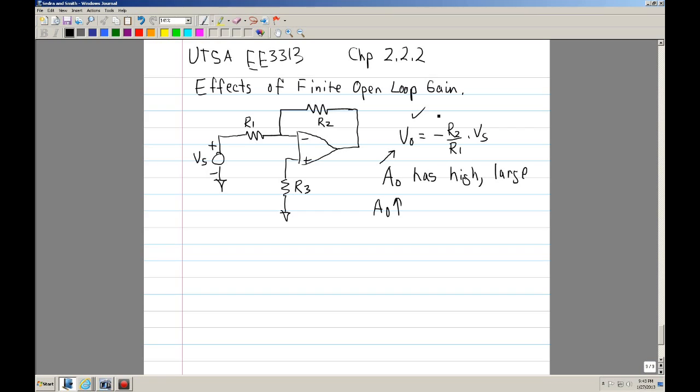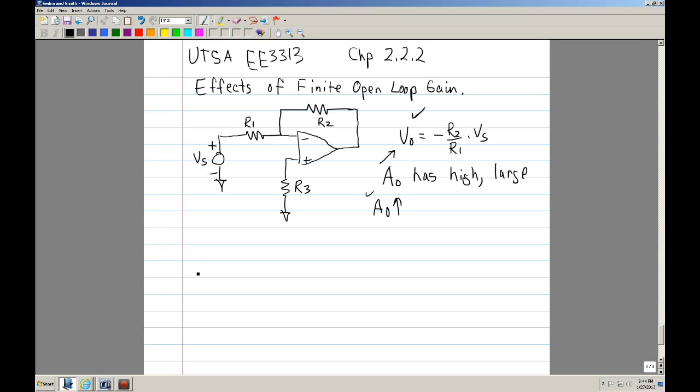So we're going to try to derive an equation that shows that, and then model it, put in some numbers, and see how this equation is changed by the voltage gain.